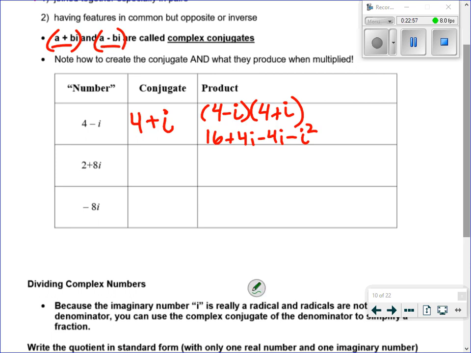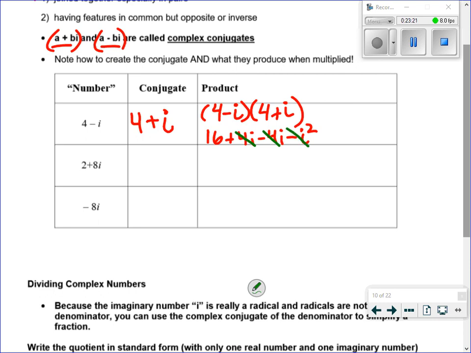So that 4i and minus 4i, those become what? 0, right? Those cancel out. This i squared becomes what? Negative 1. So I have minus a negative 1, which really becomes plus 1.